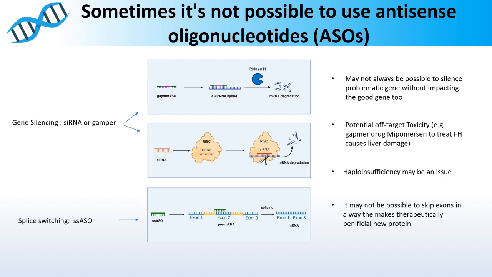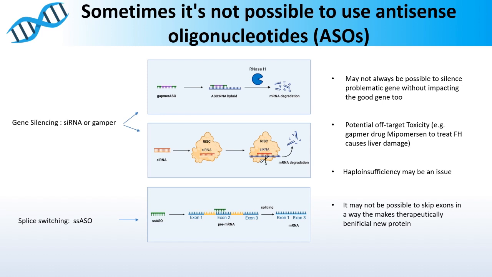Also, maybe with the alternative, which is splice switching, it might not be possible to skip exons in a way that results in the generation of a functional protein, which may help you overcome any haploinsufficiency. So, if any of these scenarios exist, antisense oligonucleotides are not really an option for silencing or for combined gene silencing and gene replacement approach.